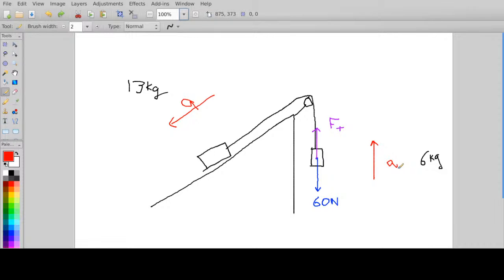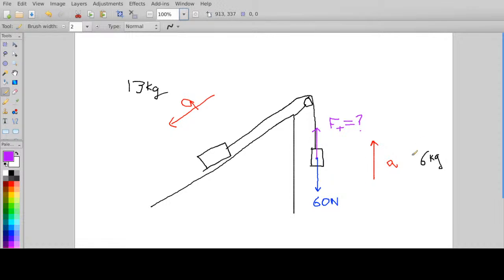I'll show you another way that you can reason that. But here, that means that Ft, we don't know the value. And in fact, whatever Ft is, it has to be bigger than 60. Why? Because it's got to accelerate the 6 kilogram box uphill. Okay, so that was a little bit complicated, but I'll come back to this at the end, and I'll show you why that acceleration has to be in that direction.